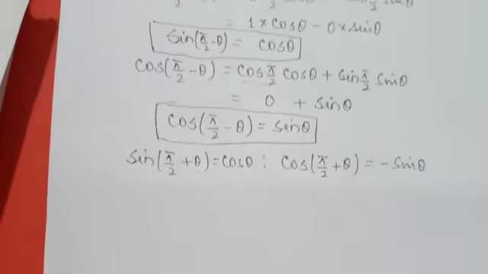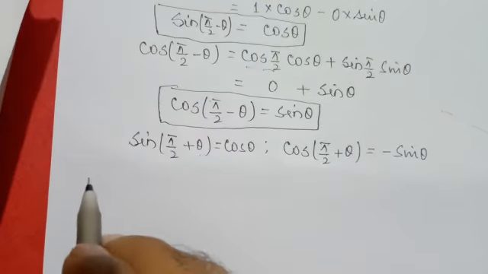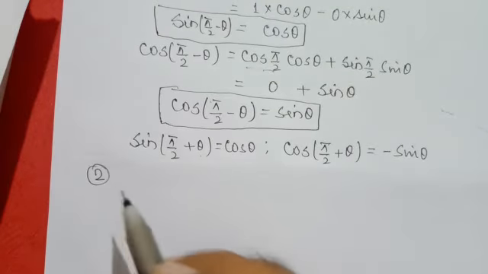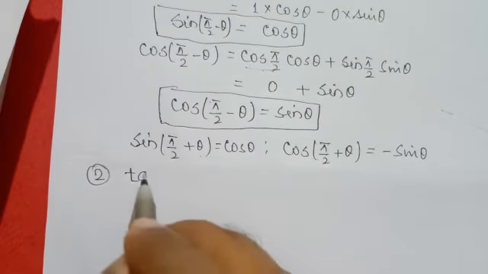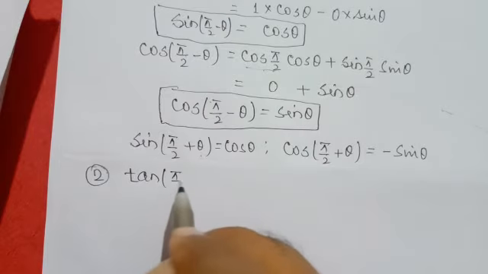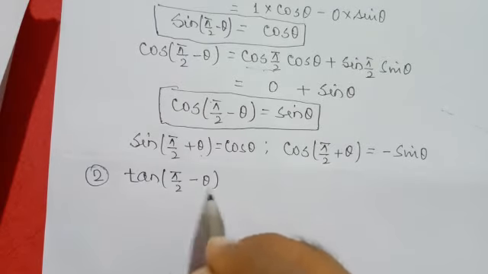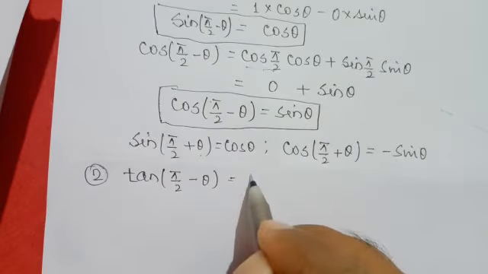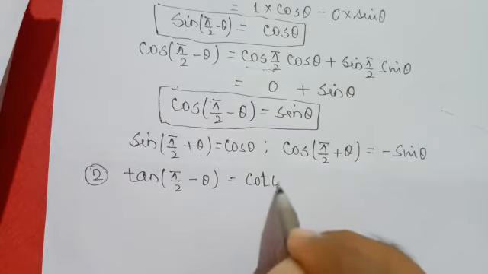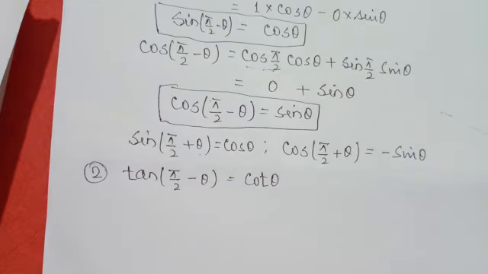The next one. Prove that tan pi by 2 minus theta is equal to cot theta.